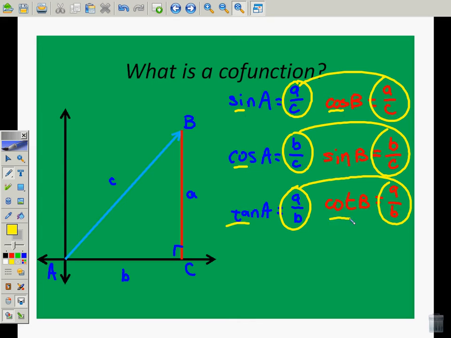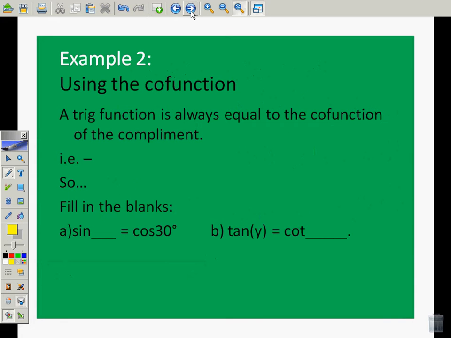But notice, in the previous slide, we just talked about cofunctions. We just talked about how they relate, how they go together. And so, really what we're talking about is this. We're talking about cofunctions. A trig function is always equal to the cofunction of the complement. Think about this.